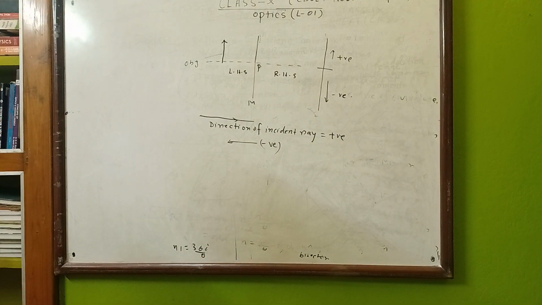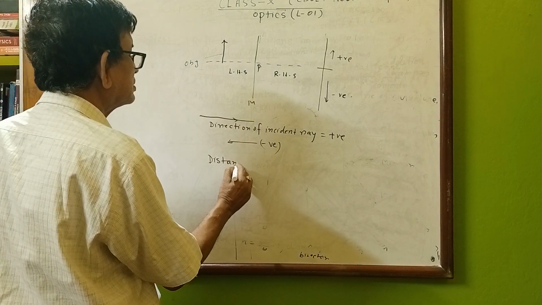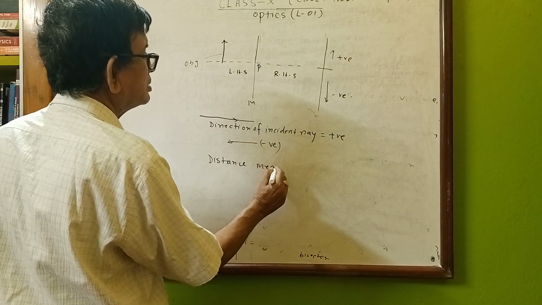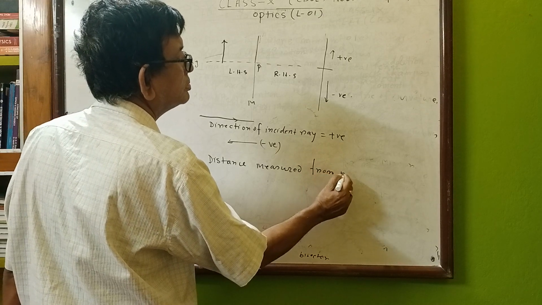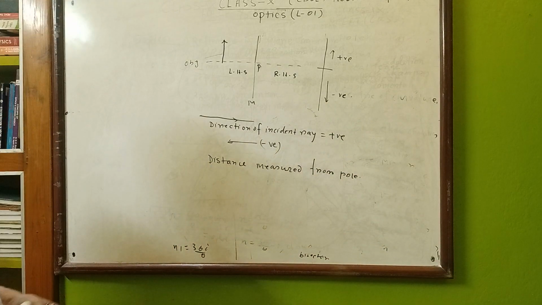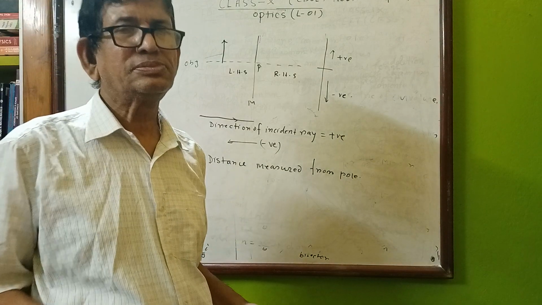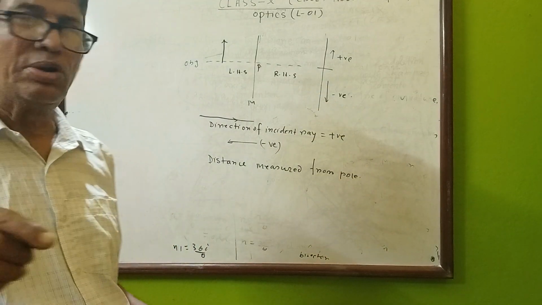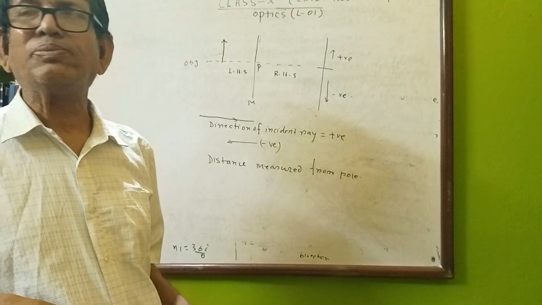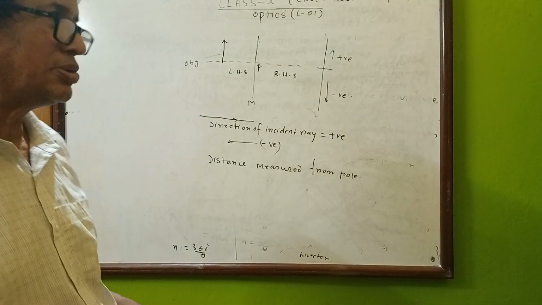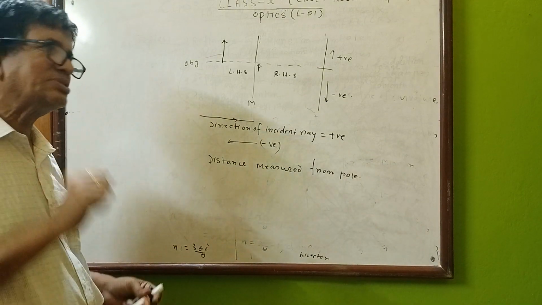Again I am telling, distances are measured from the pole. Always take the object at the left hand side, and take distances from the pole. Any distance measured along the direction of the incident ray from the object is positive, the reverse direction is negative, upward is positive, downward is negative.